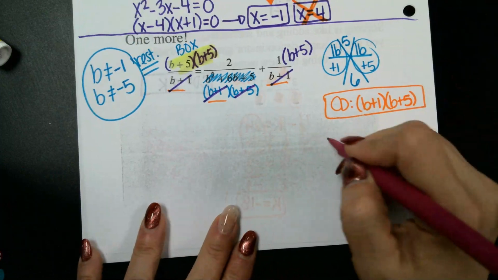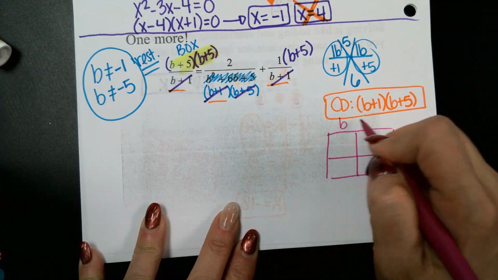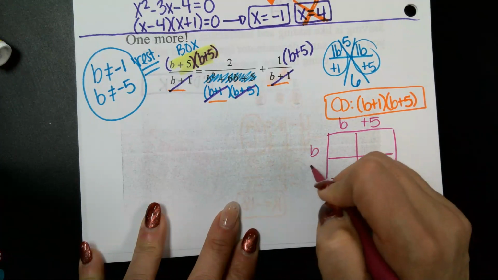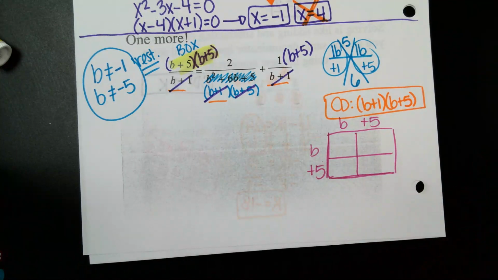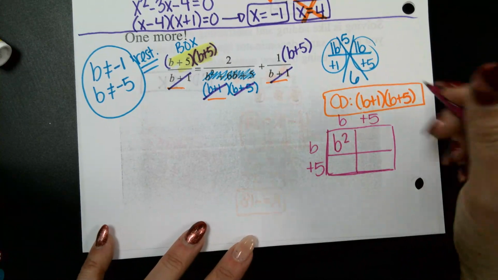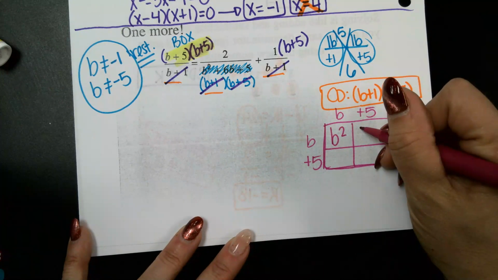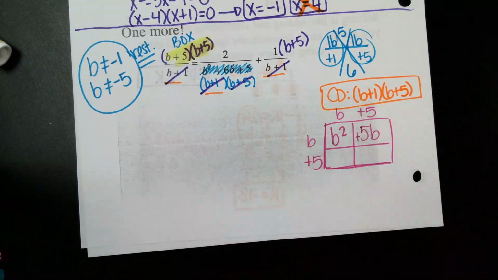So then here we go again. We've got to do some extra work off to the side. We're multiplying b plus 5 times itself. And then let's talk about what we would get. B squared. What would this corner be? 5b. It's a positive 5b.